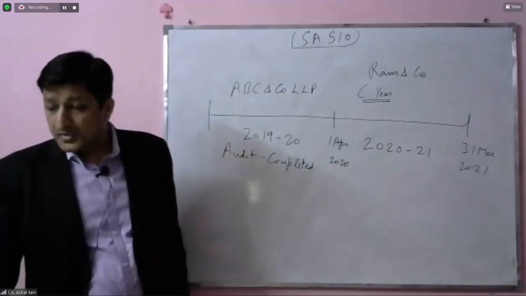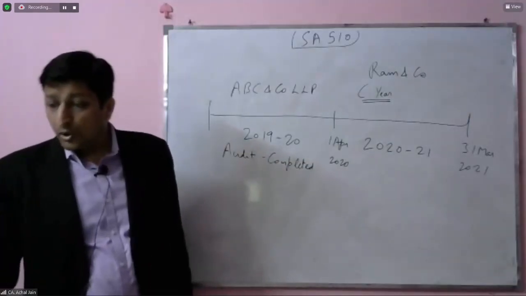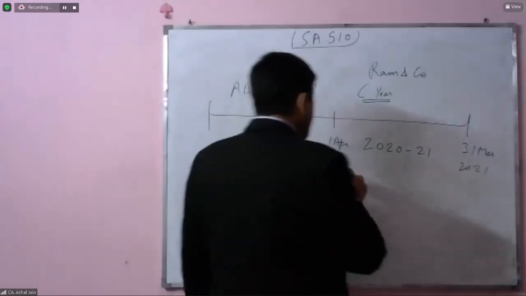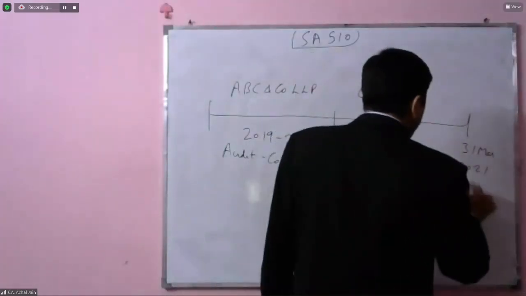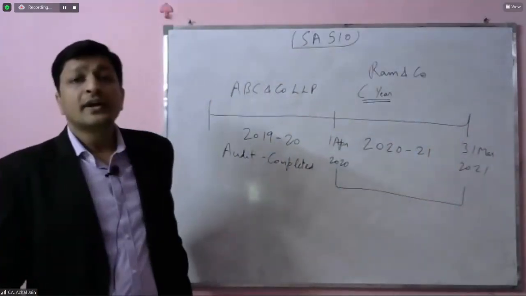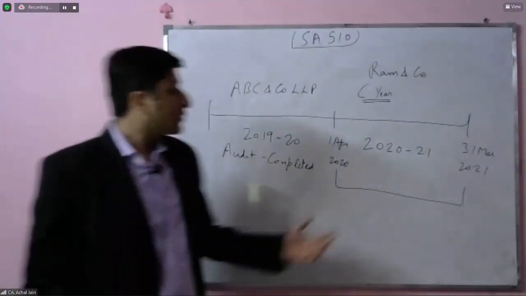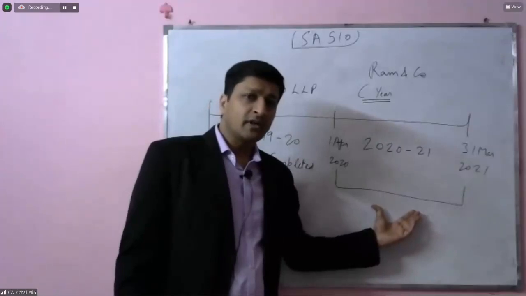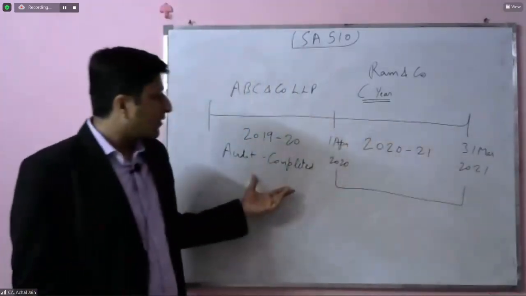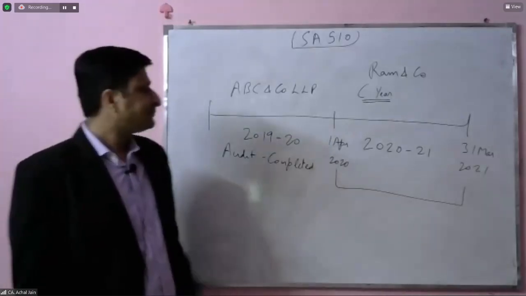Now for our purposes, which audit engagement is it? The audit engagement is for the period 2020-21. So when it comes to audit engagement, this would be 2020-21, which is the year under audit, because for the earlier year the audit is already completed.